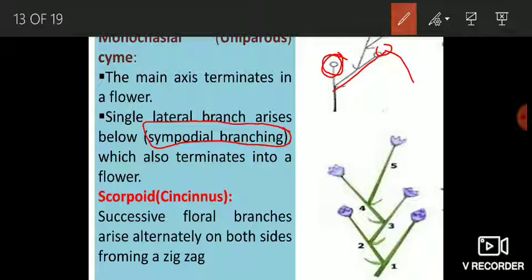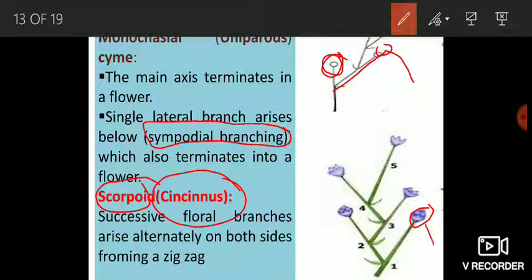Now there are two different types of monochasial cymes. The first one is scorpioid, or you can say cincinnus. In this type of monochasial cyme, the successive floral branches arise alternately on both sides and form a zigzag pattern. Here you can see this is the apex.